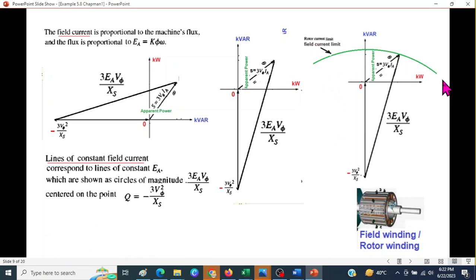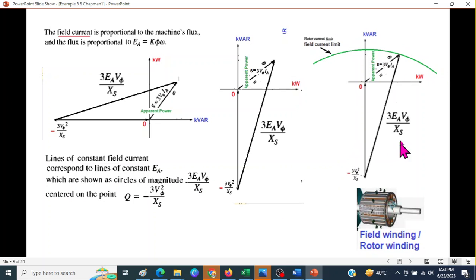So this circle, you can see, has the origin, this radius, and we have drawn a circle. So this circle will represent the field winding or the rotor winding limit. The line of constant field current corresponds to the line of constant EA, which is shown as the circle of this magnitude.